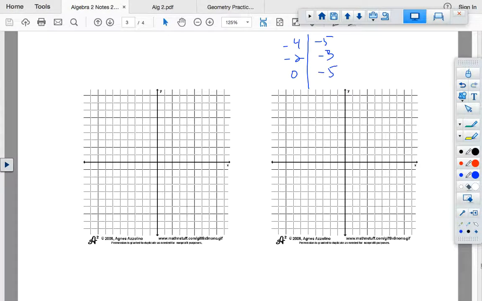That's what it was, right? Yeah. Okay. So negative 4, 1, 2, 3, 4, 1, 2, 3, 4, 5. Negative 2, negative 3, and 0, negative 5.